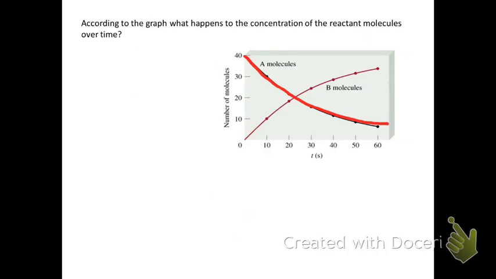So at first we see that the reaction is occurring very fast and we're losing reactants quickly, but then over time the amount of reactant molecules begin to disappear, and so the reaction begins to slow down. The same thing we see with the product. At first we create a lot of product, but then as we begin to lose reactant, the amount of product that we make begins to not happen very quickly.